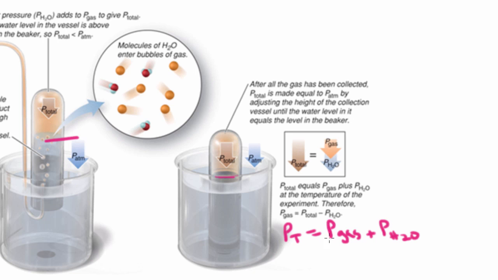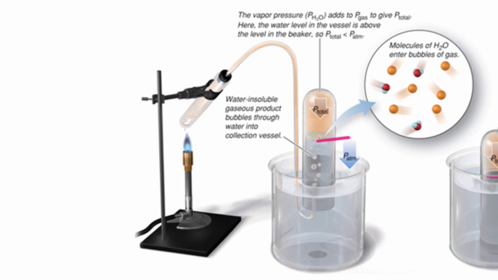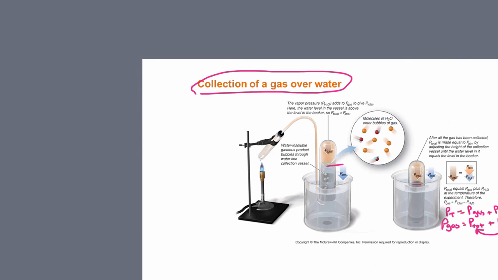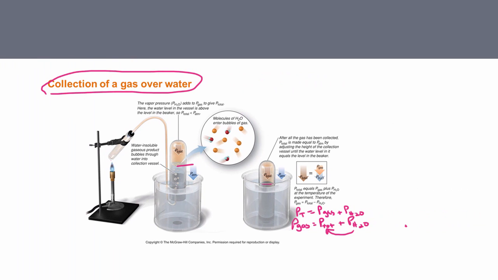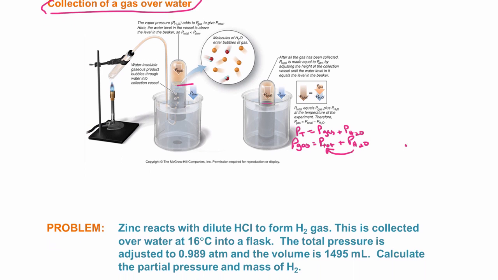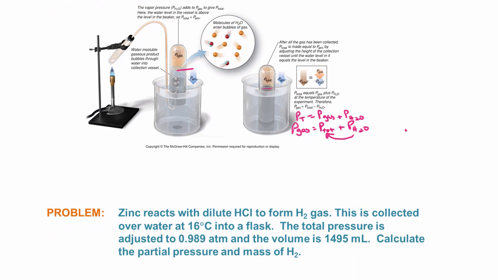And so in order to find the pressure of the collected gas, we would need to subtract the partial pressure of the water from the total pressure. That's when we collect gas over water. That's a very common way of determining the gas pressure when running a reaction.